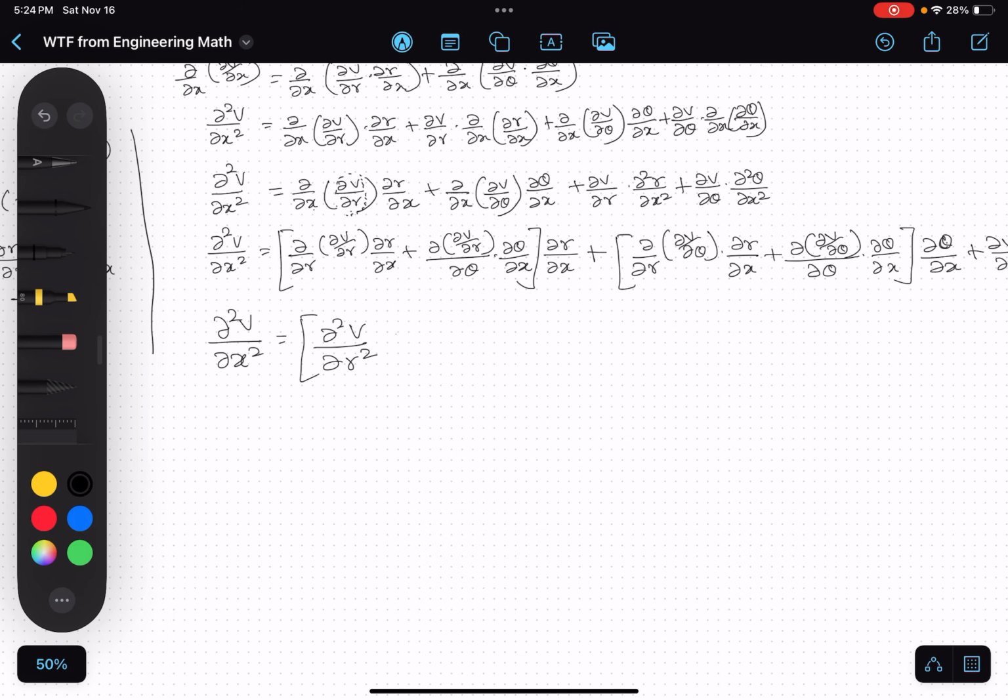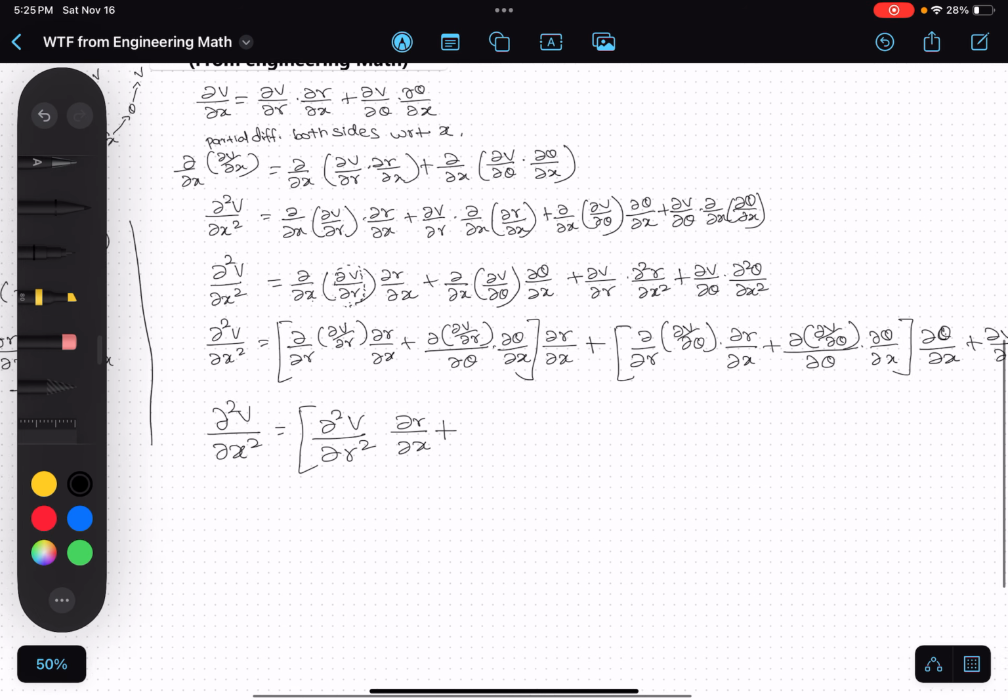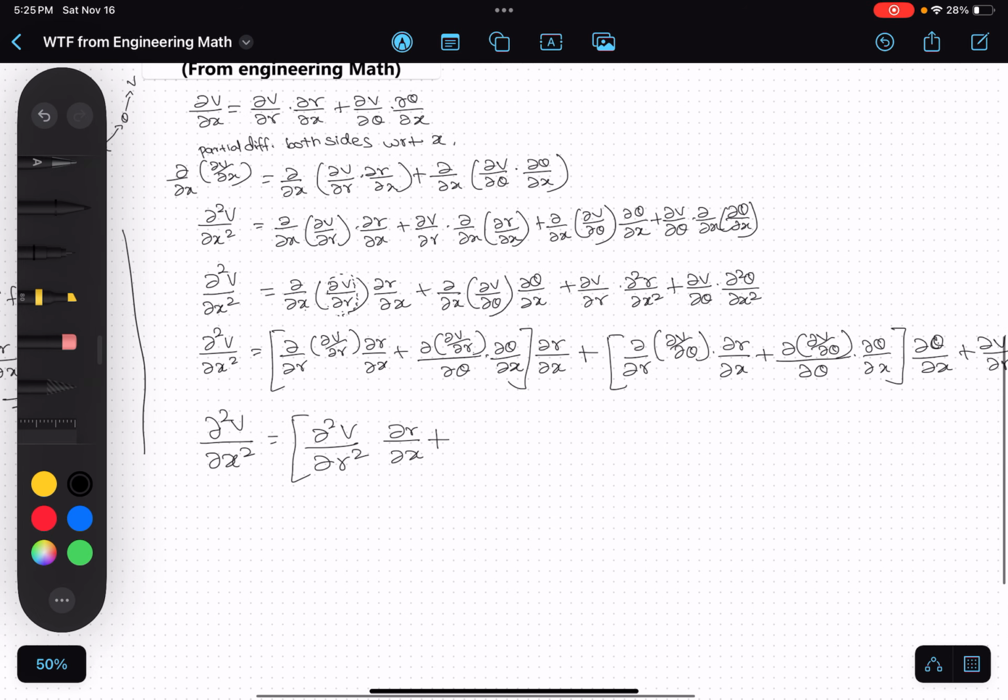And now this is just partial r by partial x plus, now notice that this is first of all differentiated with respect to r, and now theta. And this r and theta are of the same world, right? Because x and y are of the same world, r and theta are of the same world. So this theta cannot cause change in r.